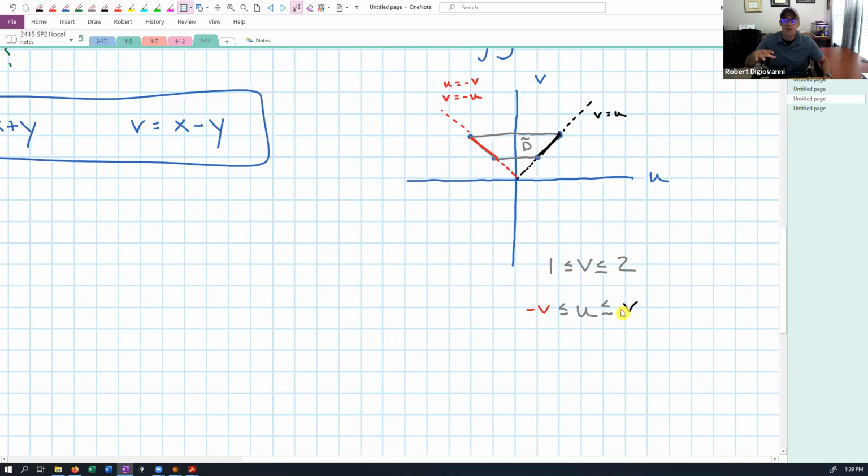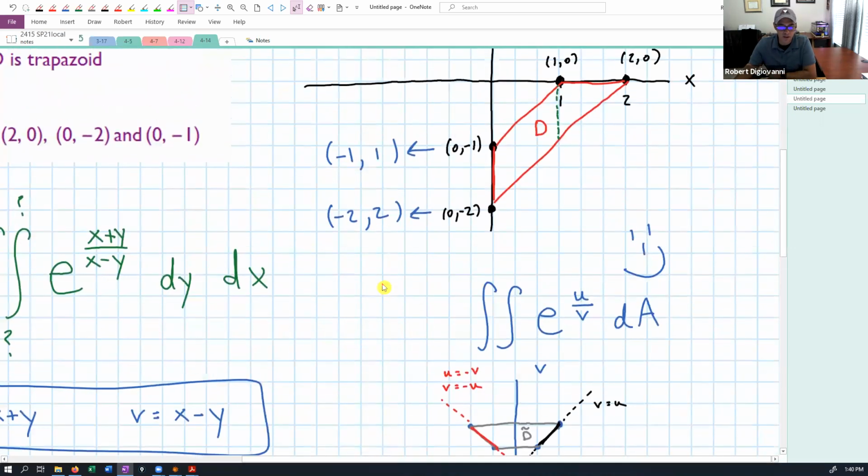Remember, this is only the domain, right? So we have a surface floating above it, and we're trying to find the volume down to this region on the ground. If the region above it is symmetric over the axis like the region is, then yes. But if it's not symmetric, then no. And I don't think it's going to be symmetric because it's an exponential function.